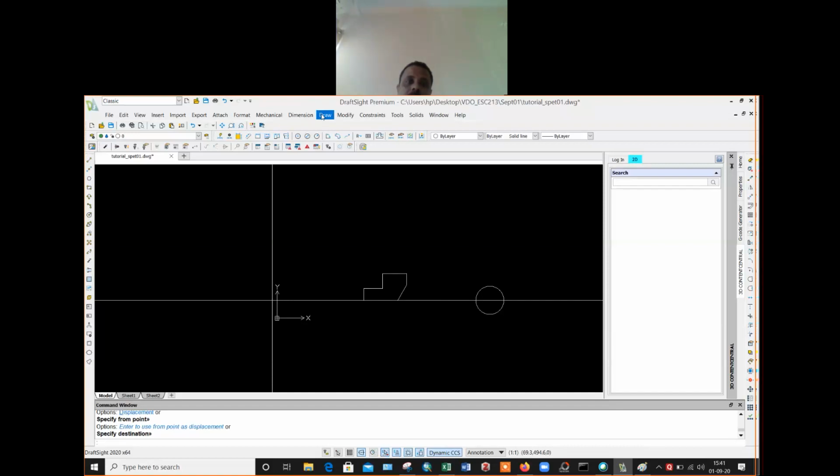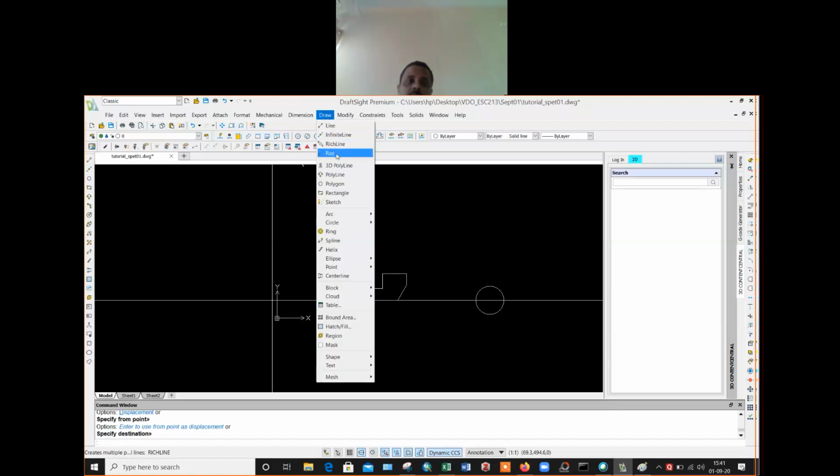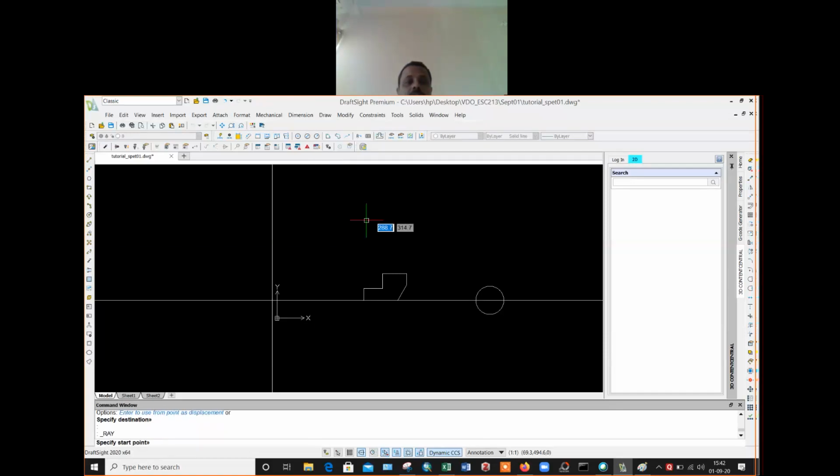Okay, so what is the difference between a ray and an infinite line? The ray will be an infinite line starting from a particular point.